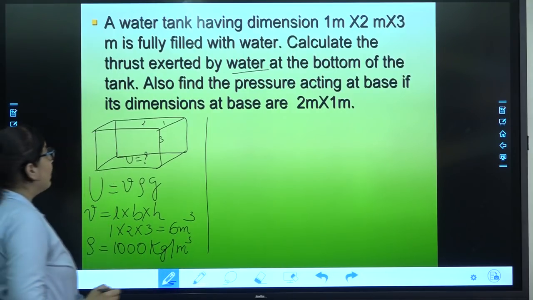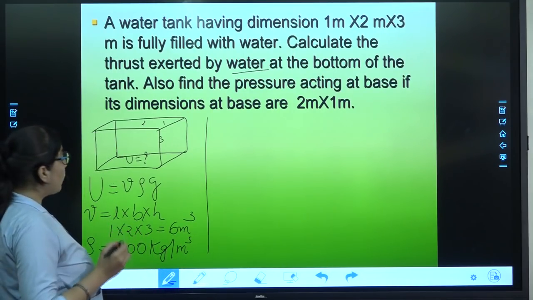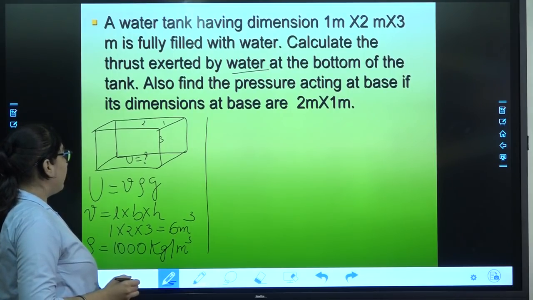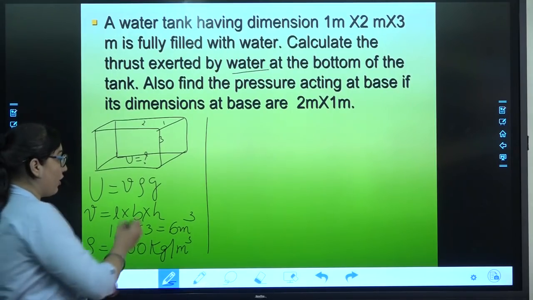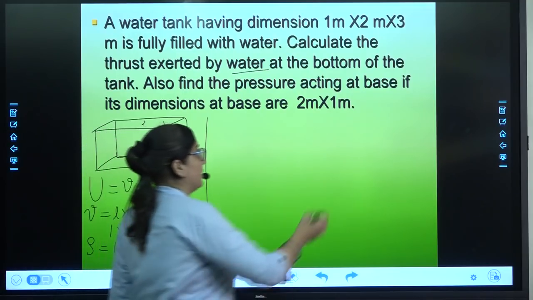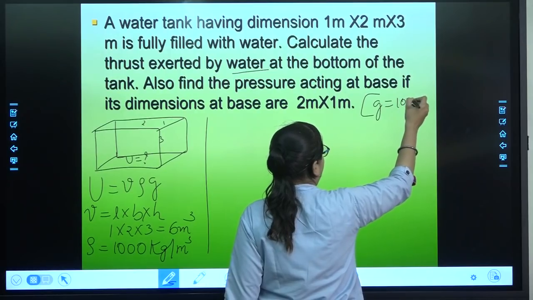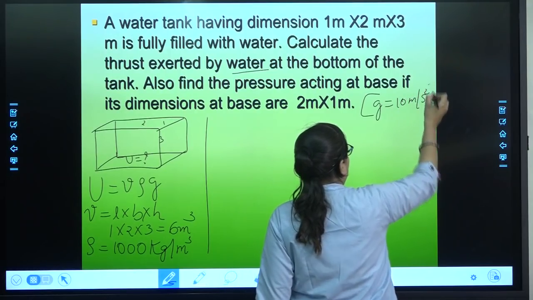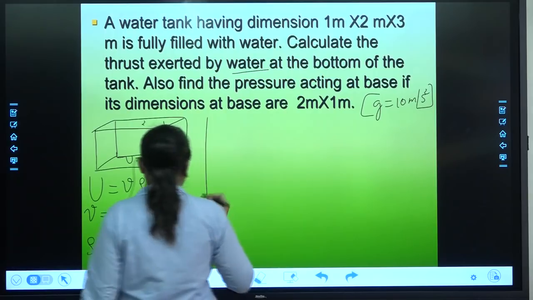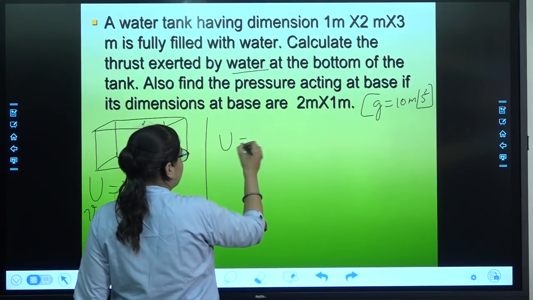Alright. Then next, what they have talked about? G. Gravitational acceleration we already know. We are taking it as over here 10 meter per second square. So, what will be the buoyant force? The buoyant force is what?